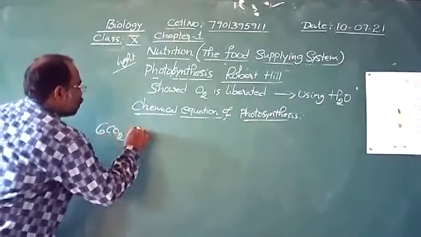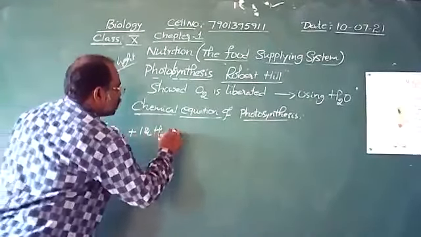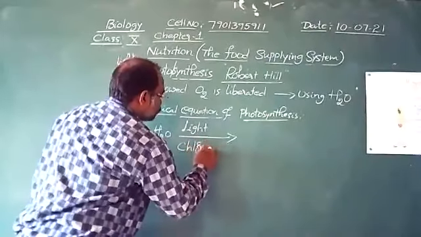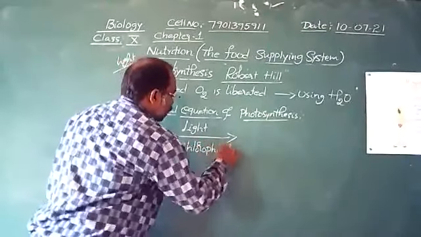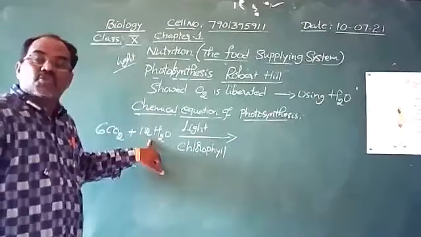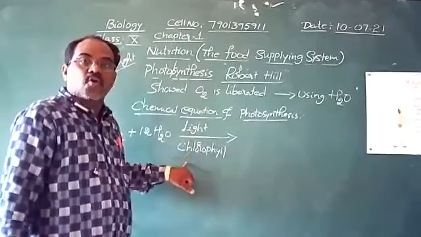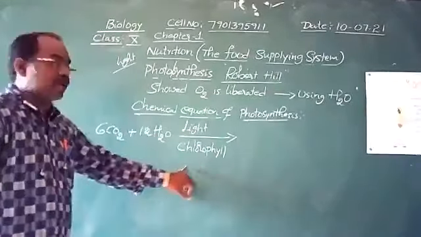6CO2 plus 12H2O, in the presence of sunlight and chlorophyll. 6 carbon dioxide combines with 12 water molecules in the presence of sunlight and chlorophyll. This is a green colored pigment.